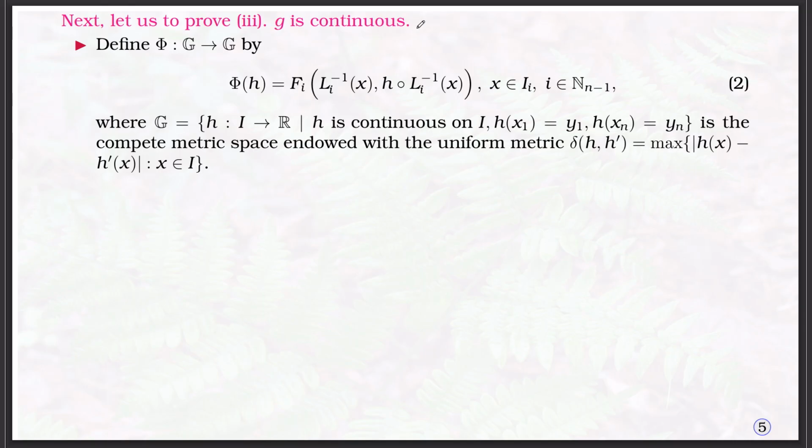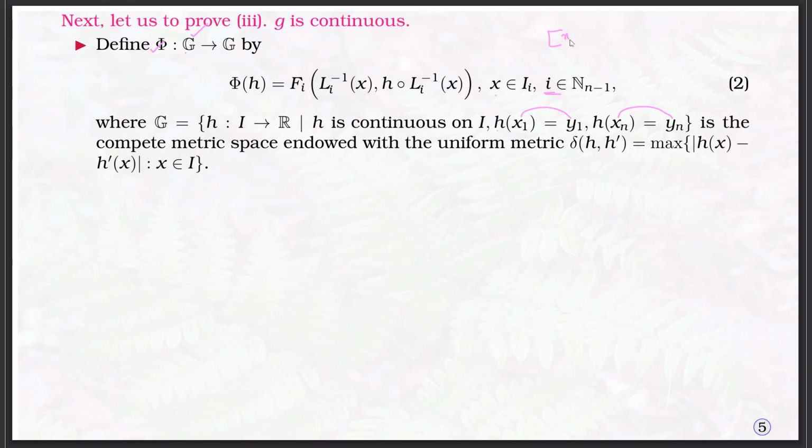For proving that g is continuous, we can define the map phi from G to G by phi of h equal to F_i of (L_i inverse of x, h composed with L_i inverse of x), where x belongs to I, for all i belonging to the n minus 1 intervals, where G is the set of all continuous functions from I to R such that h maps x_1 to y_1 and x_n to y_n.